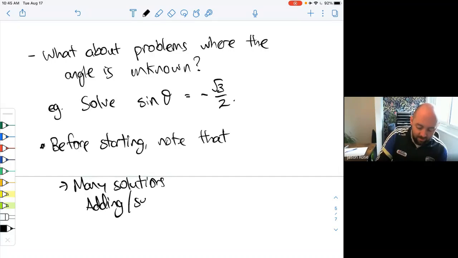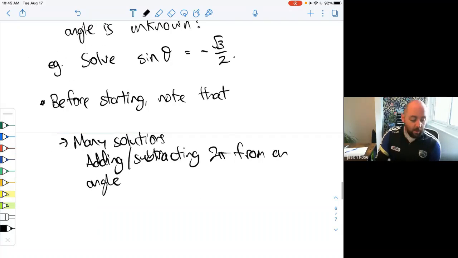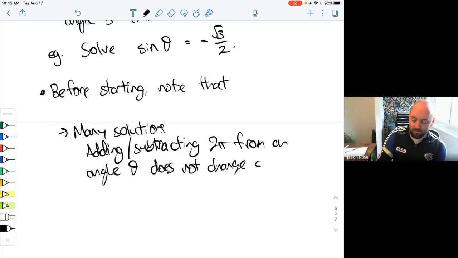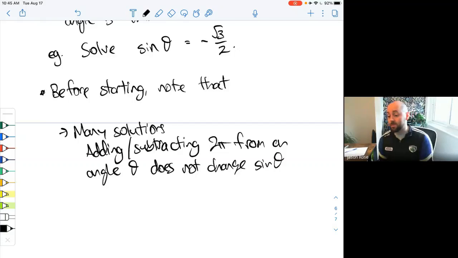Adding or subtracting 2 pi from an angle theta does not change sine theta or cosine theta or tan theta, but we're dealing with sine in this problem.